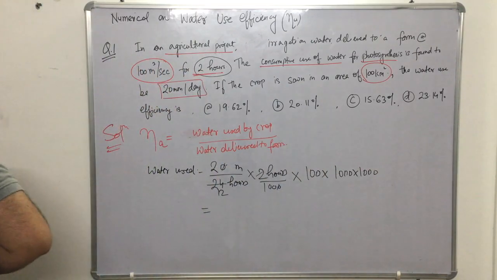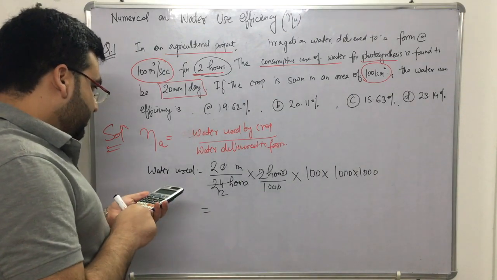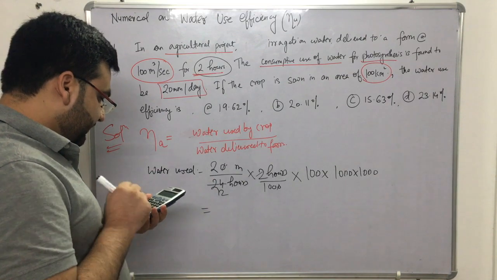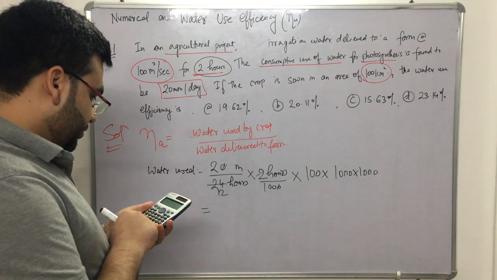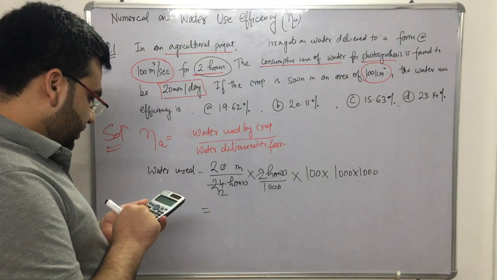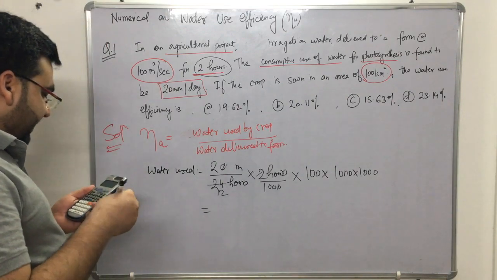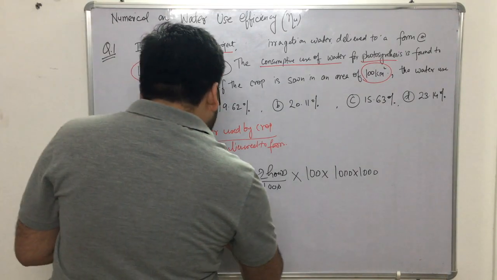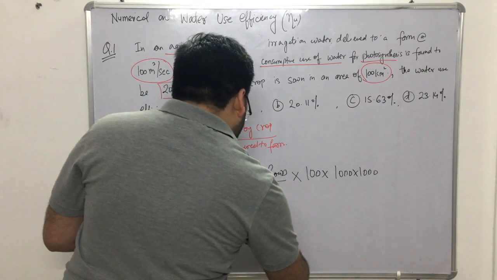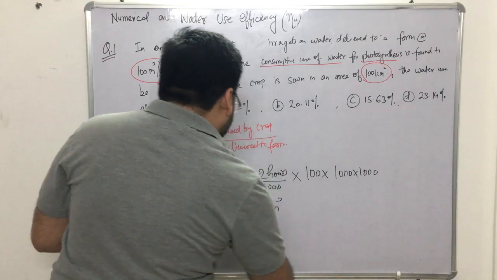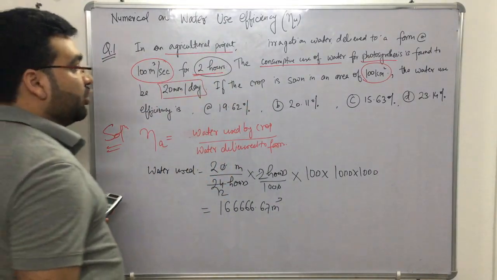Now let me calculate how much it comes out to be. 20 divided by 12, divided by 1000, into 100 into 1000 into 1000, it is 1,666.67 meter cube of water being used by the crop for an area of 100 km square.